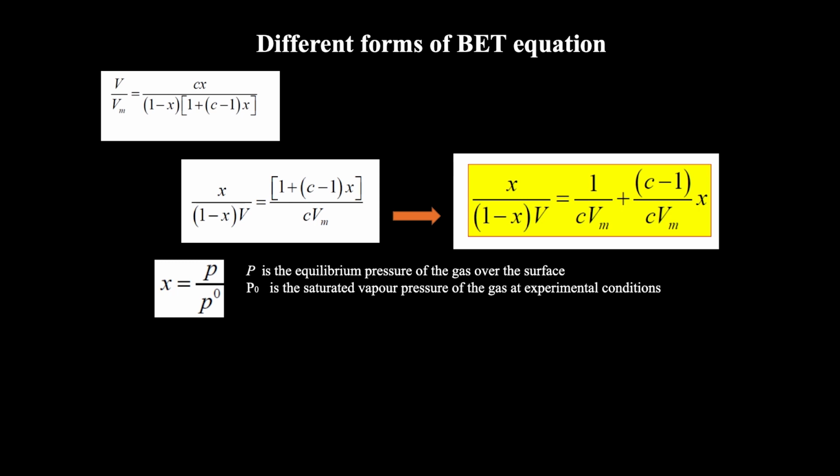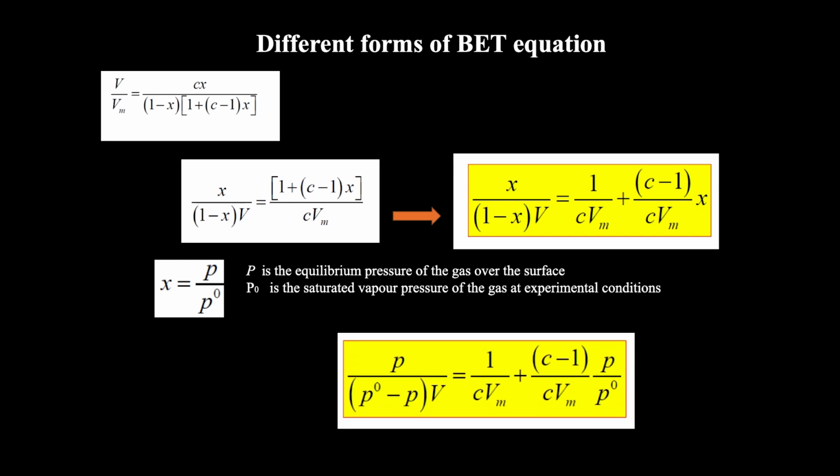P0 is the saturated vapor pressure of the gas at experimental condition. Then the BET equation becomes P by (P0 minus P) into V equal to 1 by C Vm plus (C minus 1) divided by C Vm into P by P0.